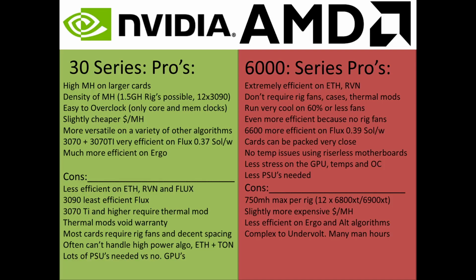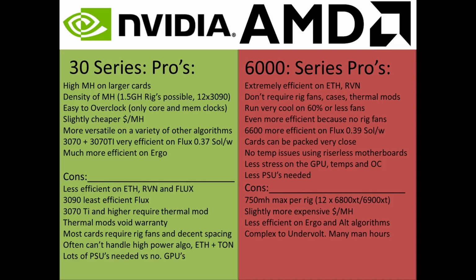I think it's an S37, a riserless motherboard that has the closest together spacing, and I put 8 6600s in it, and yeah, they're very close together. You can't get your finger between them, but the temps are still fine. No problems with the temps at all. So yeah, they can be packed very close together.